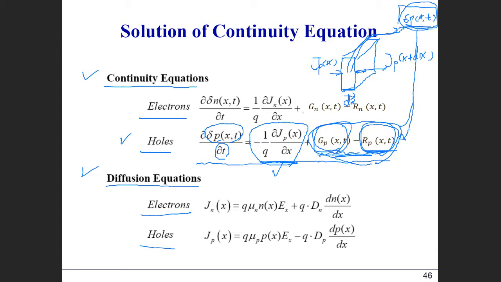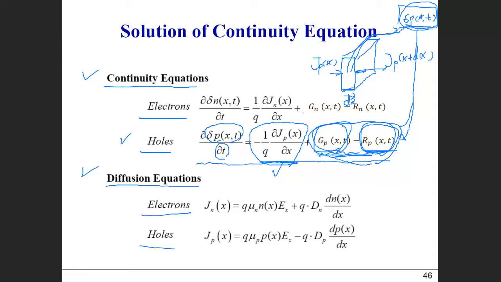But if the concentration of holes, for this case, is somehow more than the thermal equilibrium value, then as time goes on, the material tries to go back to the thermal equilibrium value.